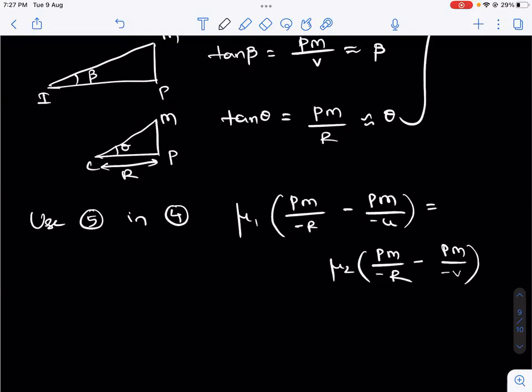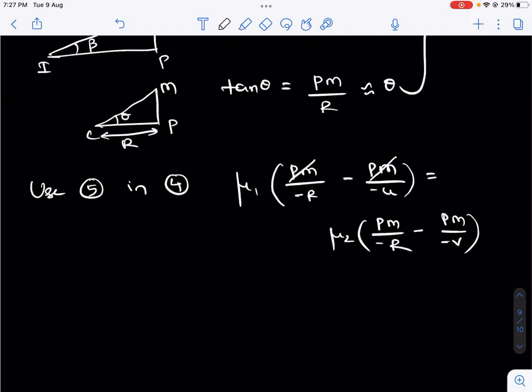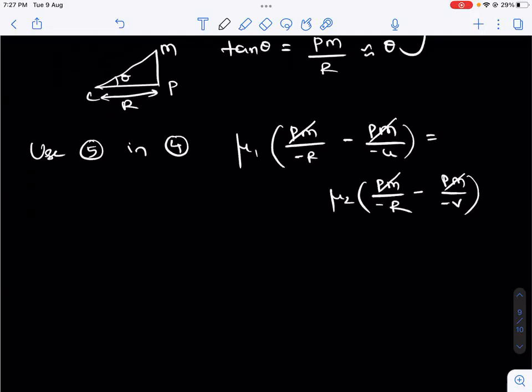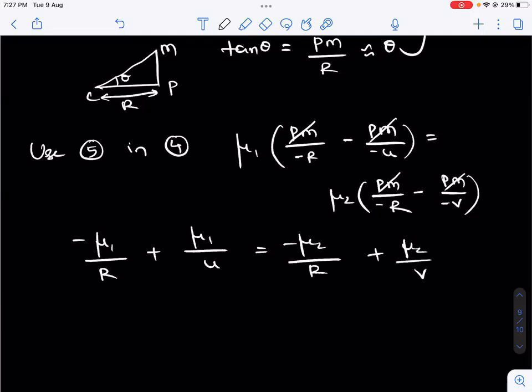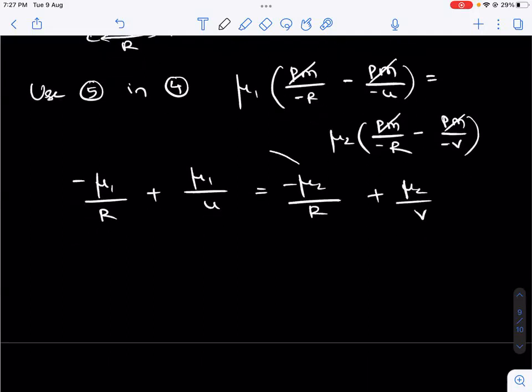Is it right? So what will get cancelled? PM is gone. So minus mu1 divided by R plus mu1 divided by U is equal to minus mu2 divided by R plus mu2 divided by V. So mu2 by R will come this side, mu1 will go to the other side.